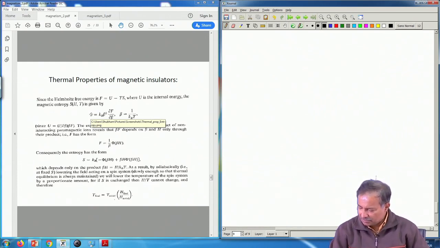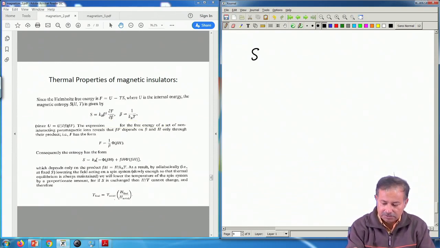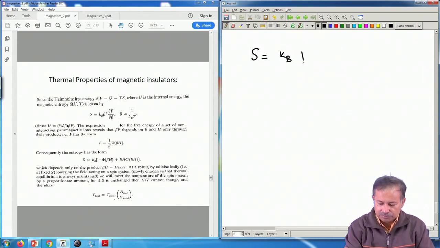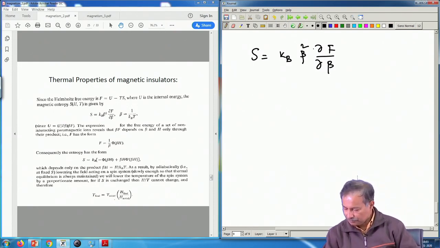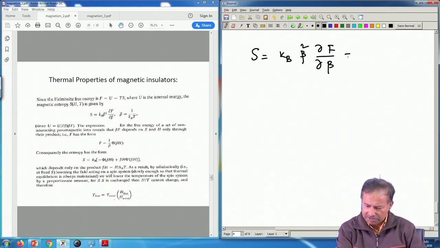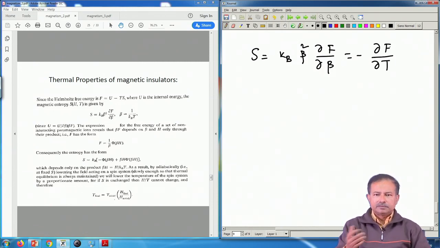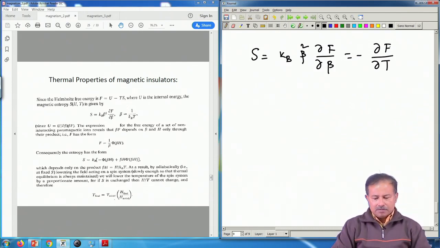What is interesting is that S is basically kB times beta squared del F del beta, which is basically minus del F del T. Remember this formula: S is equal to the negative derivative of free energy with respect to temperature.